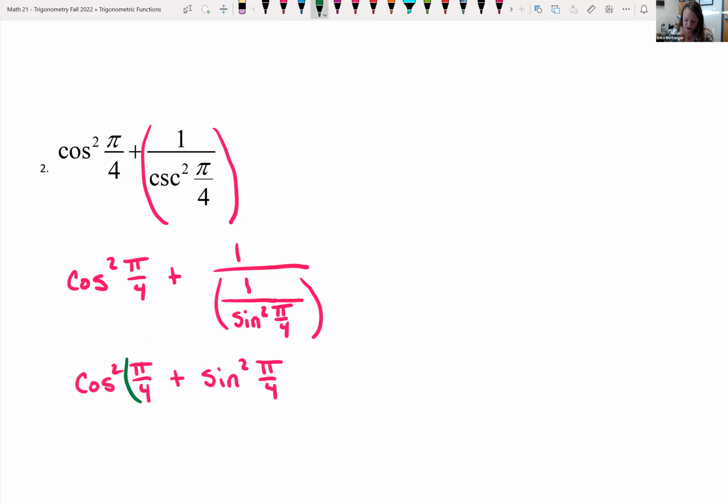Because these angles are the same, we're using the fact that cosine squared theta plus sine squared theta is equal to 1. And so we just used those fundamental identities that we talked about in this section to solve that problem.